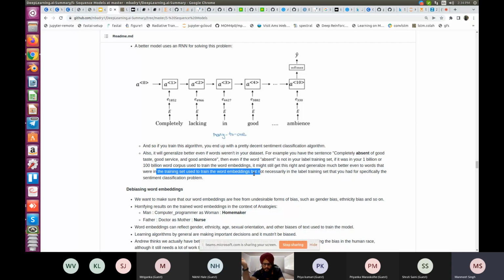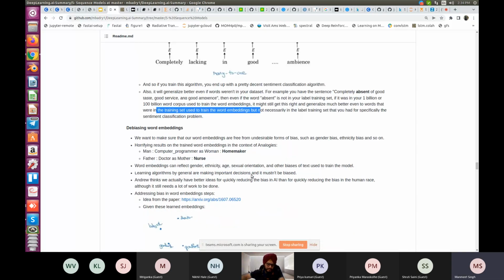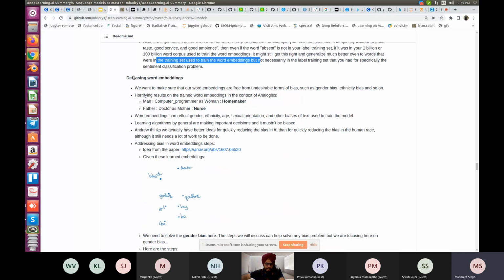And so now comes the concept of debiasing word embeddings. There might be a lot of biases due to the kind of training that you provide to your model, and you want to make sure that your word embeddings are free from undesirable forms of bias such as gender bias, ethnicity bias, and so on.